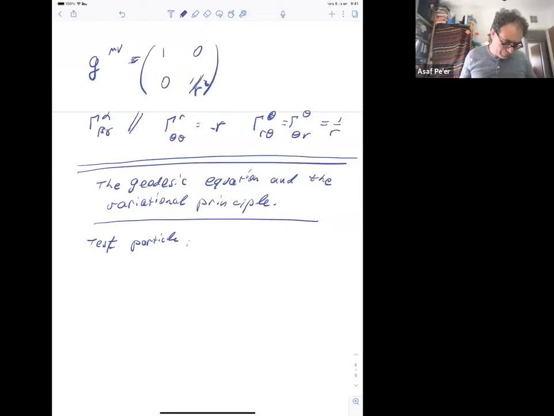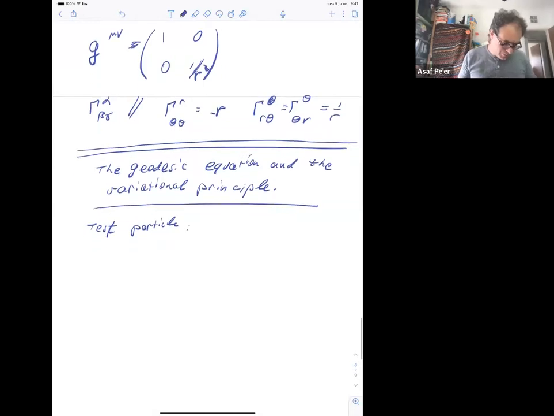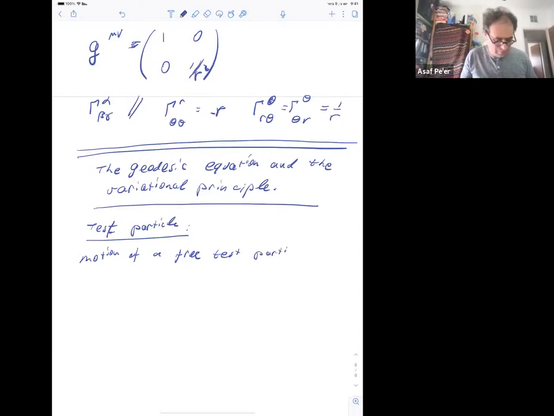Right. So, motion of a free test particle, the shortest path.